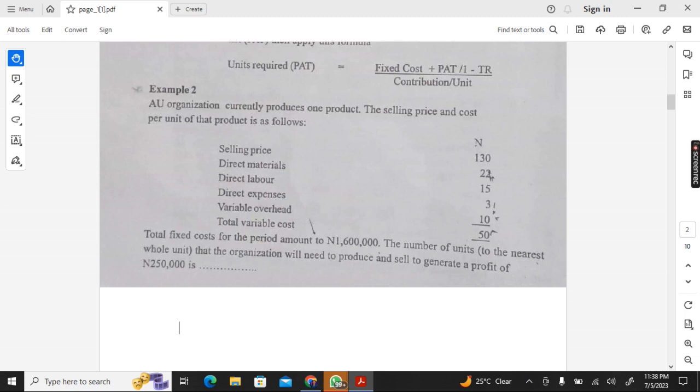The selling price and cost per unit of that product is as follows: selling price, direct materials, direct labor, direct expenses, variable overhead, and total variable cost.